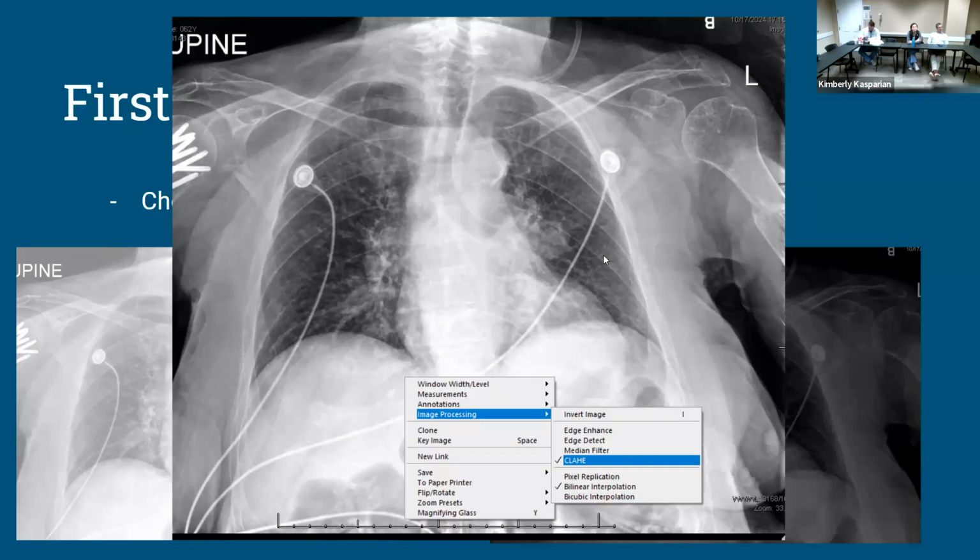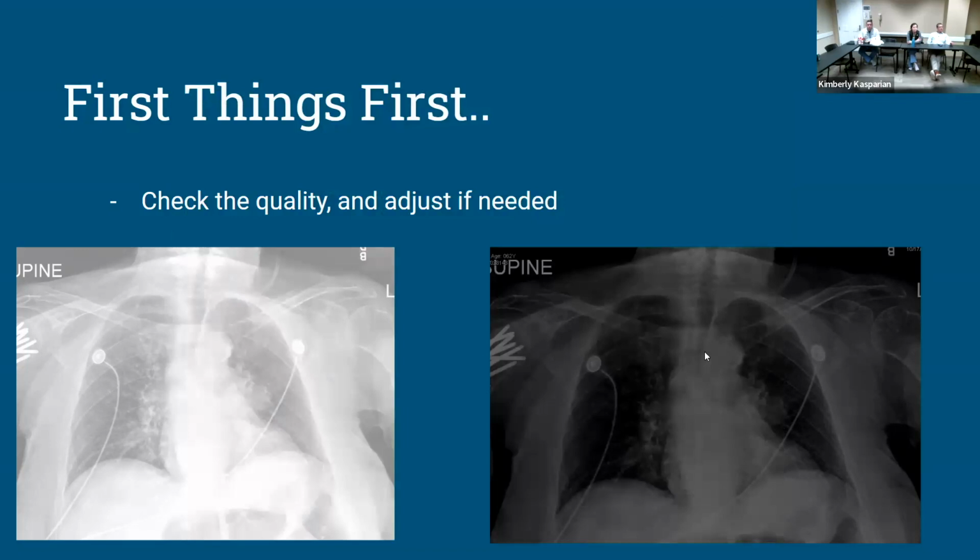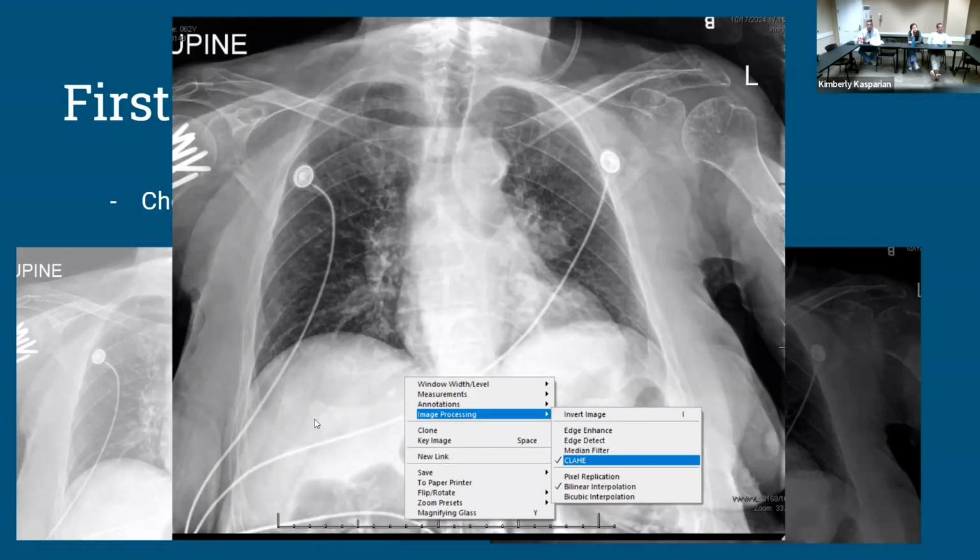So what you're looking for is black in the lung fields, and a technically appropriate X-ray is one where you can make out the vertebral bodies behind the cardiac silhouette. Going back, this one you can make out, but it's too dark. These you can't really make out and it's too bright. So that's the standard for how penetrated a chest X-ray should be. Clinically, all you need to know is right click, CLAHE, and you'll get an easy picture.